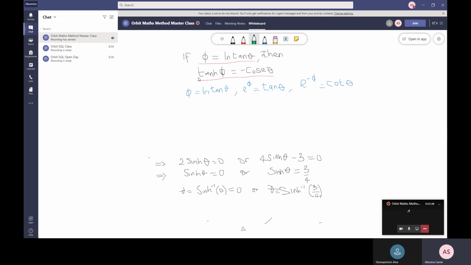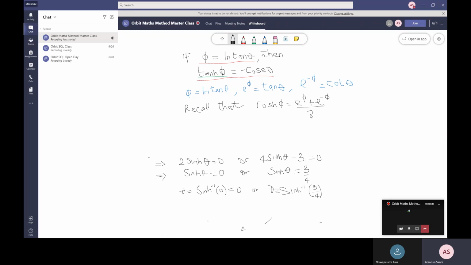Okay, and this is where I'm going. Now recall that cos phi in exponential form is exponential phi plus exponential minus phi, all over 2.